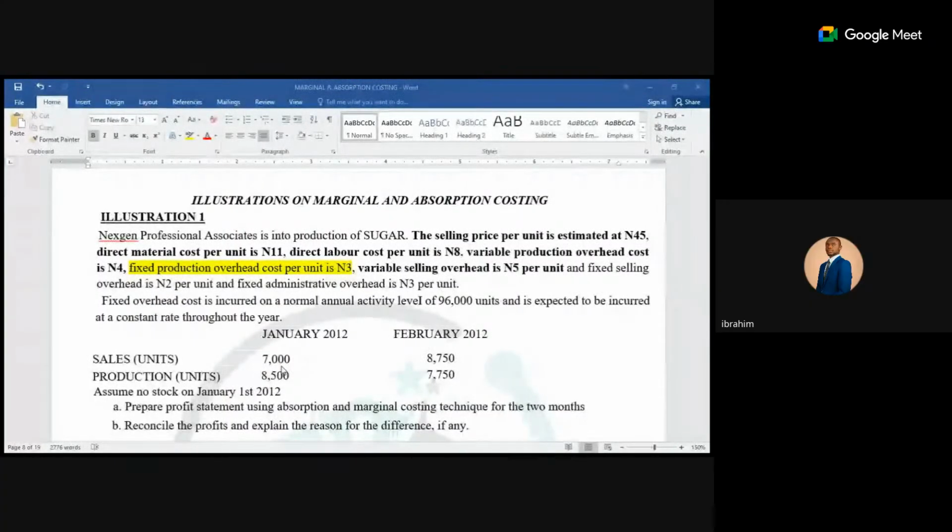That is the basis of absorption. They are telling you that they will absorb their overhead on the basis of the annual level of activity of 96,000 units. Do you get it? So the actual fixed overhead cost is not given to us in this question.